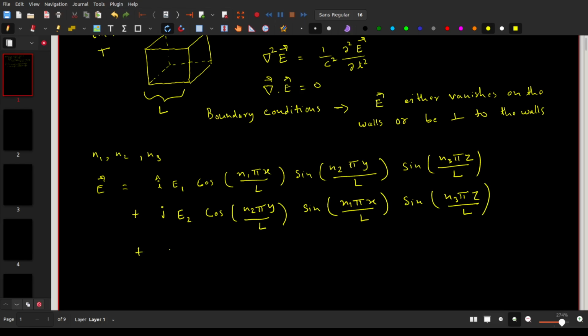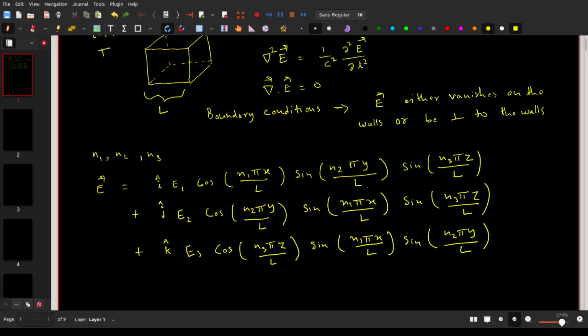And then in the k direction, E3 cos of n3 pi z over L, sine of n1 pi x over L, and sine of n2 pi y over L. It can be checked that this electric field given by this equation satisfies the wave equation.